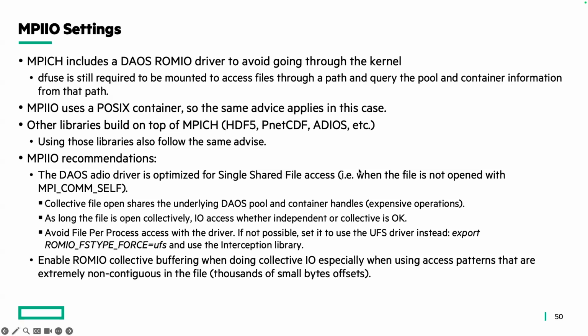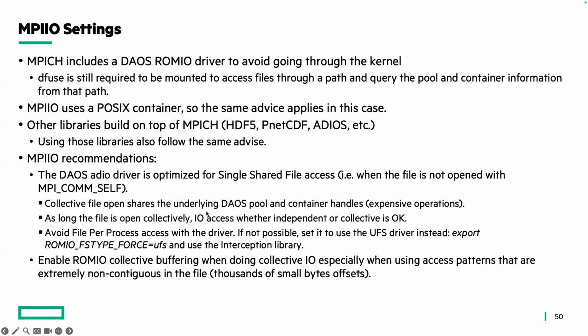Again, there was a question about file per node, using all Aurora nodes, 10,000. That's fine, that's not a problem. The idea is collective file open. It is optimized because it shares the collective file, so you can have optimizations like collective file open. As long as you open the file collectively, IO access, whether independent or collective, is okay.